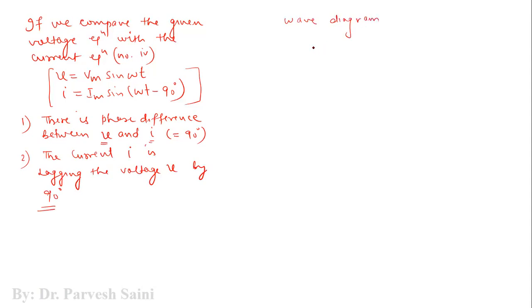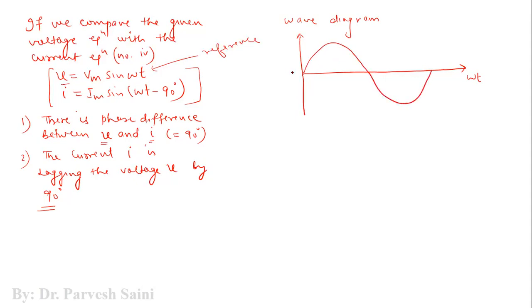the wave diagram will look like this. You have the omega t axis. The voltage will start from 0 because it is the reference. So it is like this: 0, pi, and 2 pi. This is the peak value of voltage.